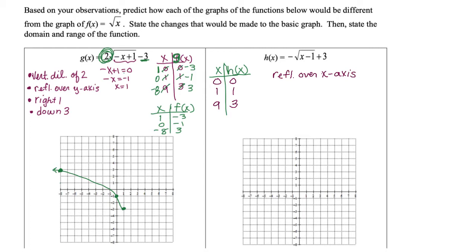And let's see, we're going to move x minus 1 equal to 0, so x is 1. So we move it to the right 1. So our function moves right 1 and up 3. We're adding 3 to the y's.